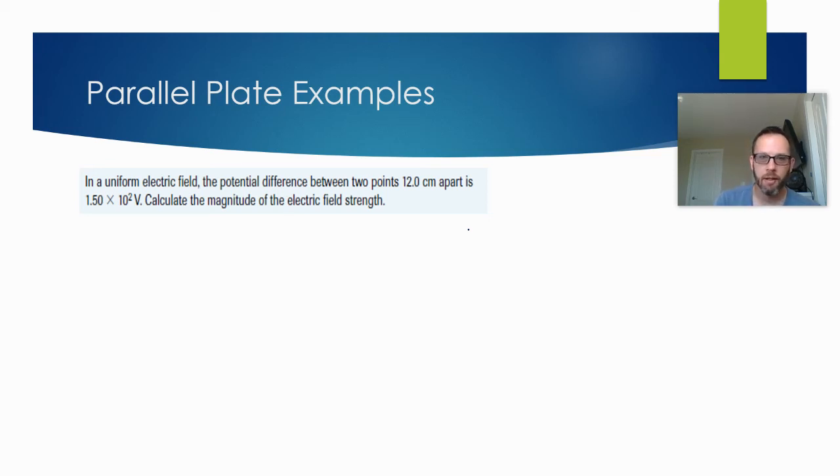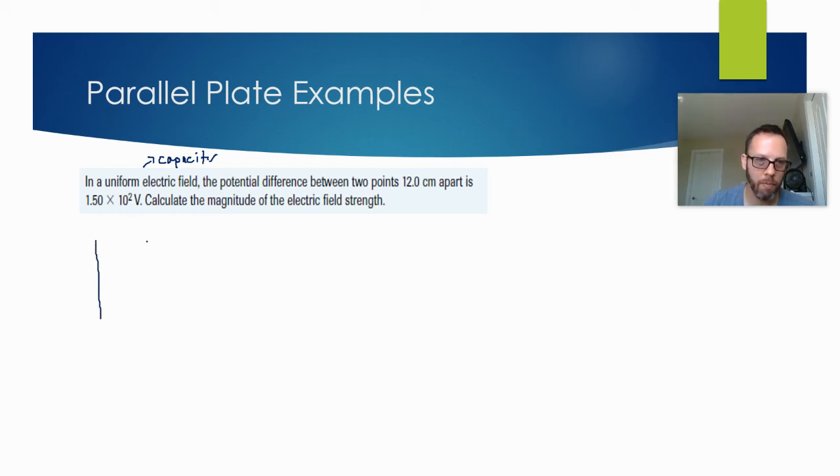So we have a uniform electric field. When you see uniform electric field, you're thinking capacitor or parallel plates, right? And in the same way, when you read parallel plate, you're thinking uniform electric field. So we have the potential difference, it's 150 volts, and the plate separation is 12 centimeters. We're going to determine the magnitude of the electric field strength.